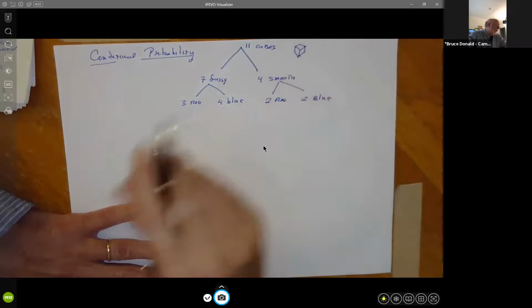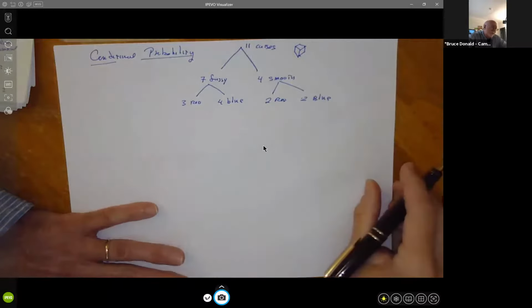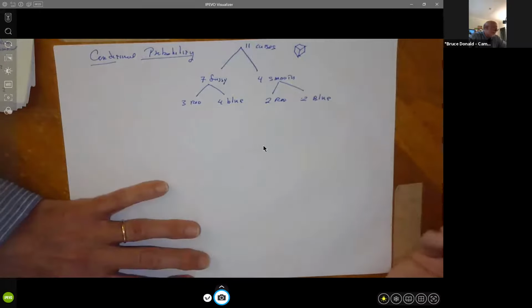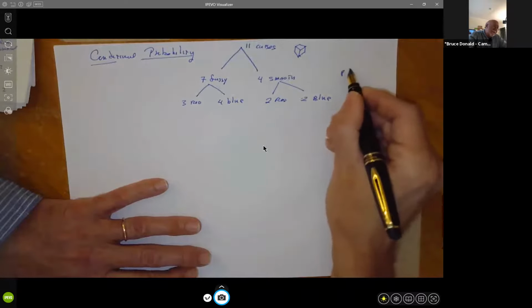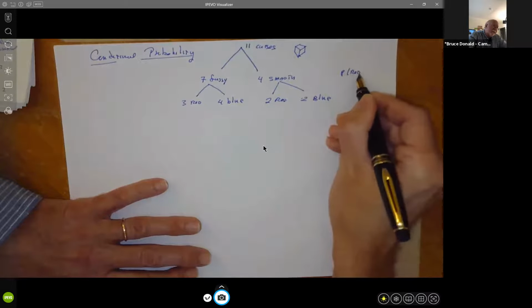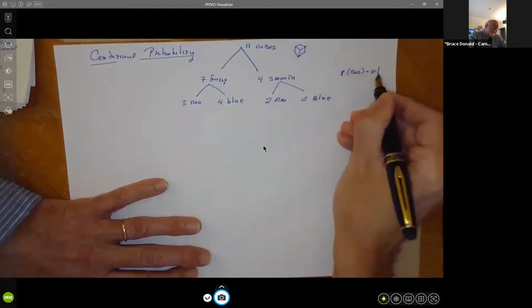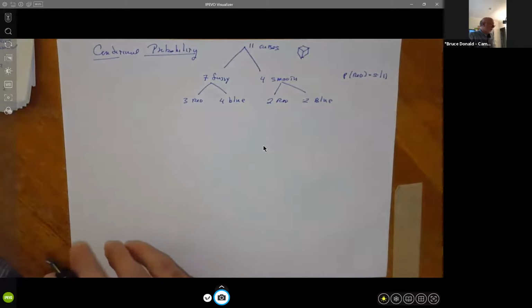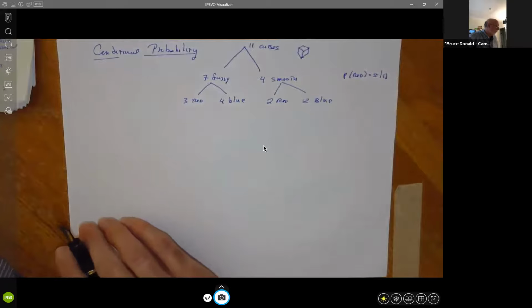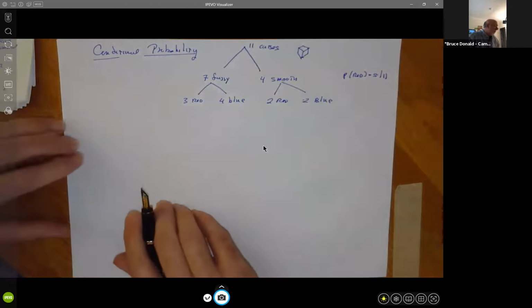We can already start to write some things down. Without knowing any more information here, there are 11 possible outcomes, which are the different cubes when you reach in to pick something up. And we can see that the probability of getting a red one is 5/11ths, because 5 of the cubes are red and the rest are blue. Namely, there are 5 red cubes and 6 blue cubes.